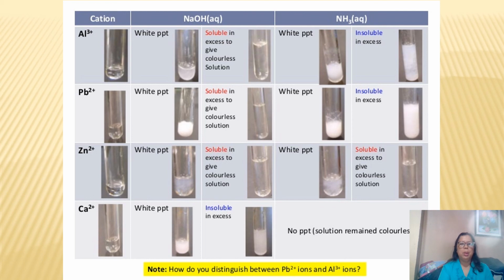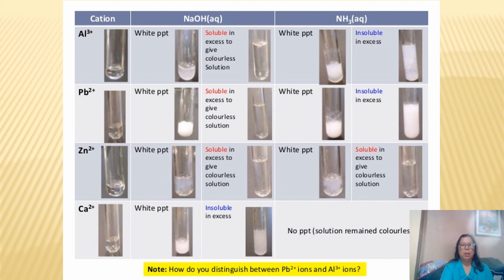And then we also have precipitate formation to distinguish different cations in this group. So you have here the test and there the result.